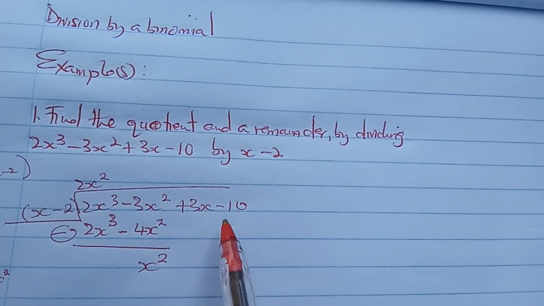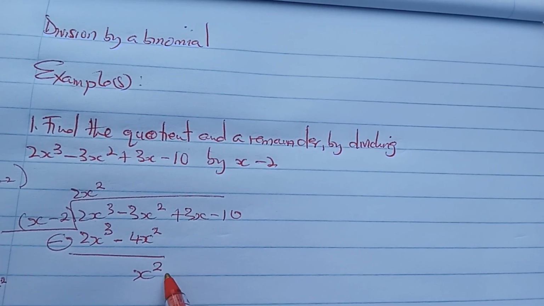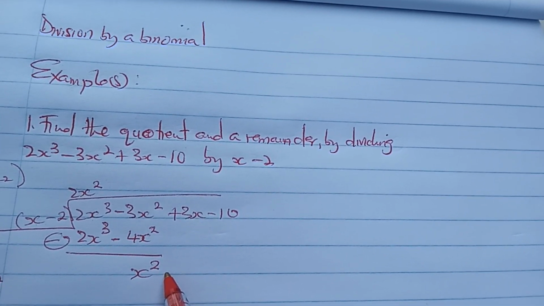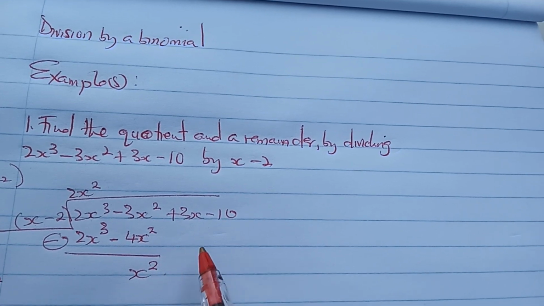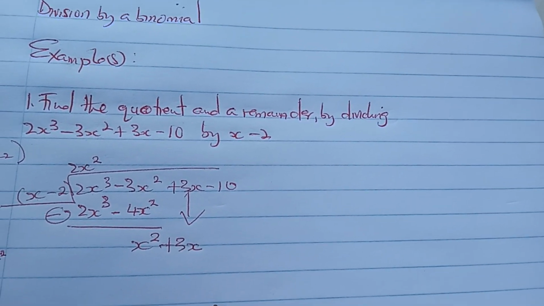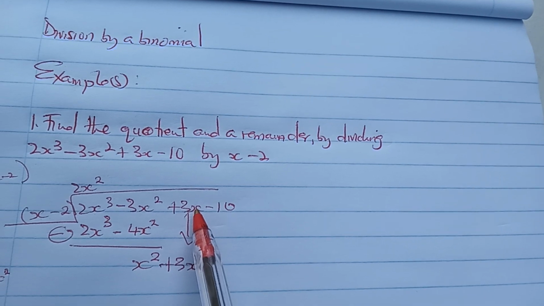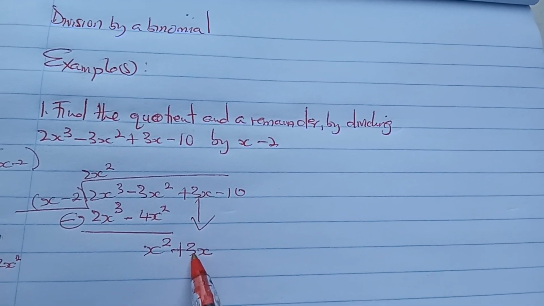Now when we are done, we now bring down the following term as it is down here, and connect it to x to the power of 2. So we bring down this 3x, a positive 3x, as it is here.